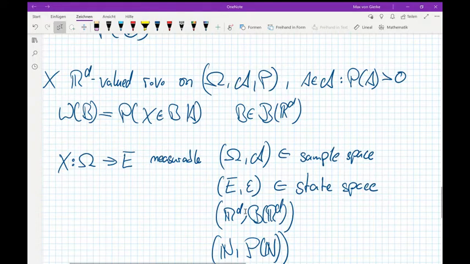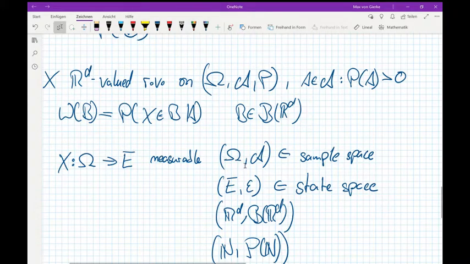But if you take an element of this sigma field, well, at first you can do nothing with this probability measure because they might be incompatible. Because if we talk about random variables, this is mostly something with numbers, and this is mostly something super abstract.